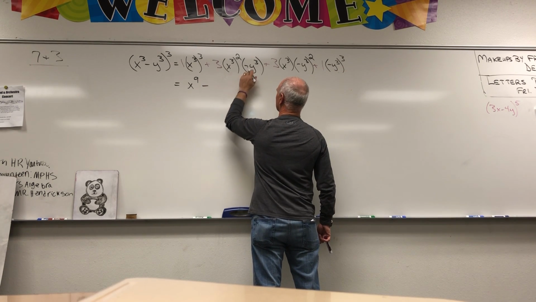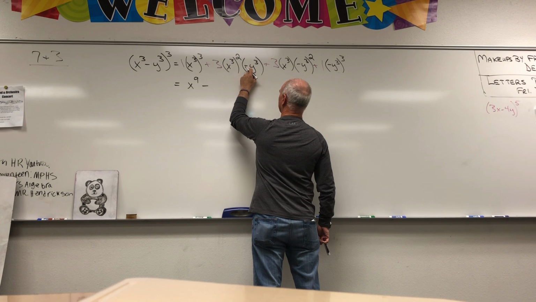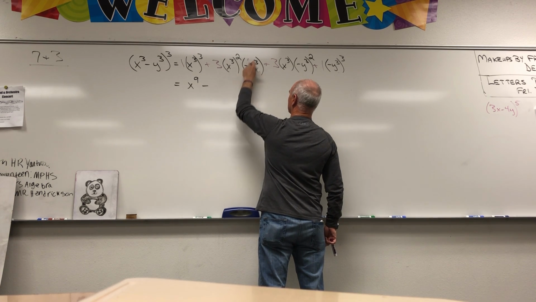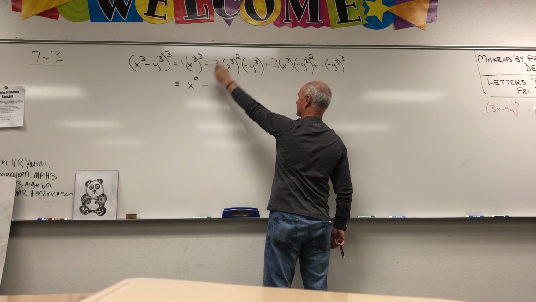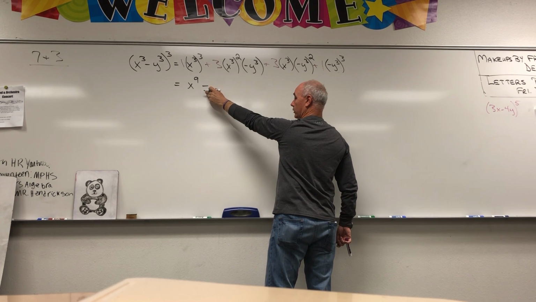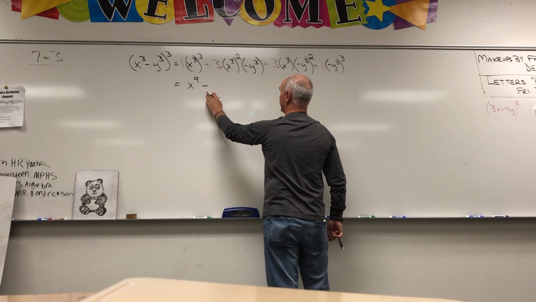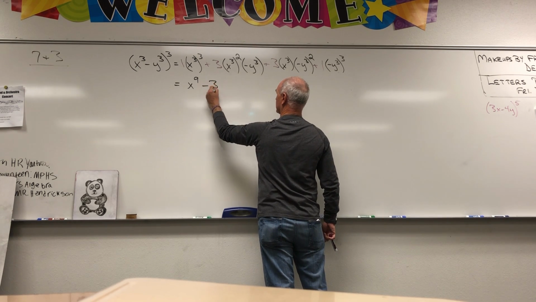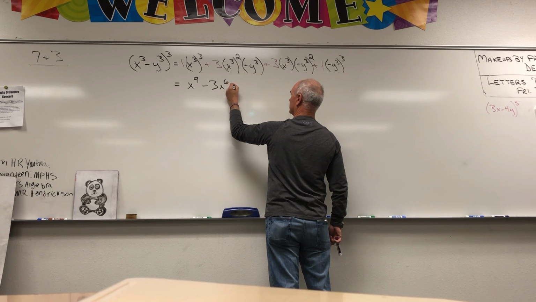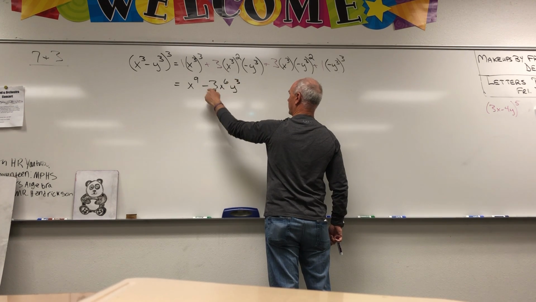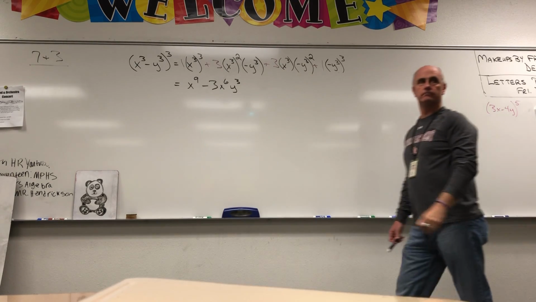You multiply, you get back negative. That's a negative here, and it's a negative to the first power, which keeps it negative. Okay? So negative 3x to the 6th.